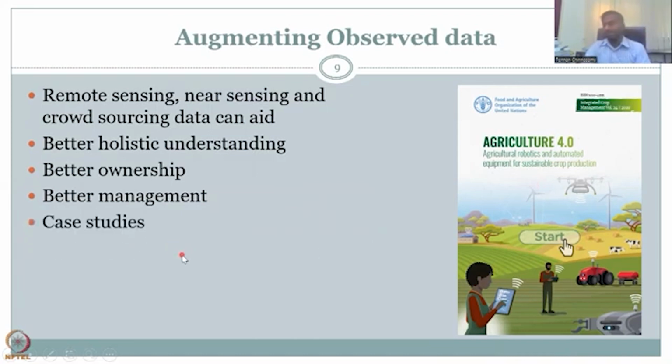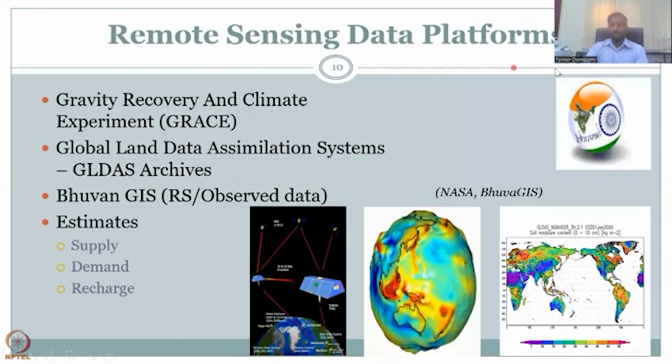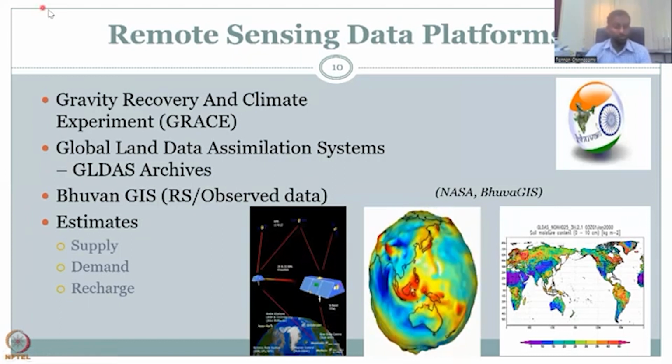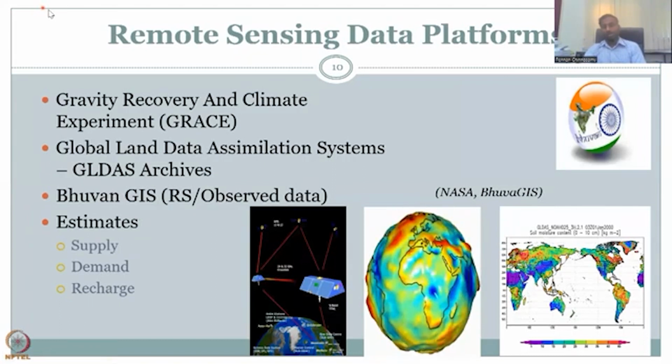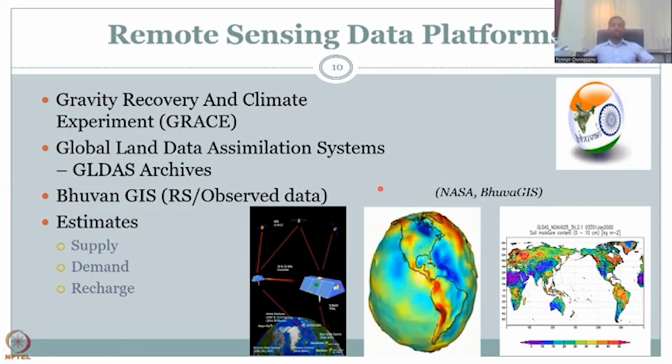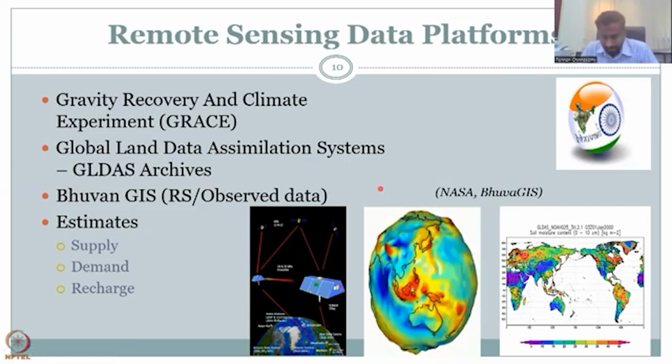We will look at case studies in week 12, but now I will jump into the satellite that can do groundwater, which is called remote sensing of groundwater using GRACE. As I said, there are a lot of remote sensing platforms that can be used for crop water demands. But when it comes to groundwater, there is only one satellite in the world that can estimate groundwater to date, and that is GRACE.